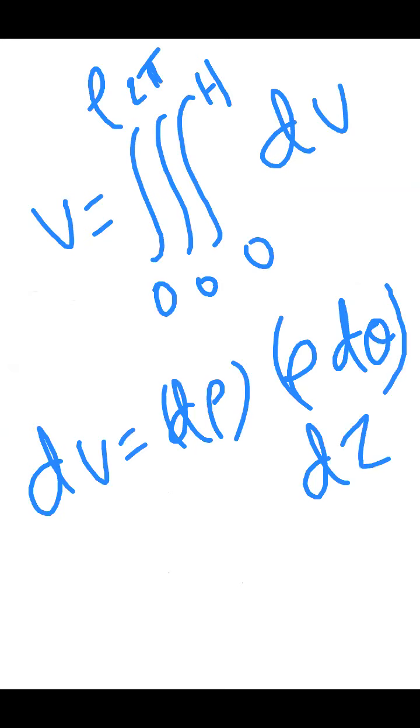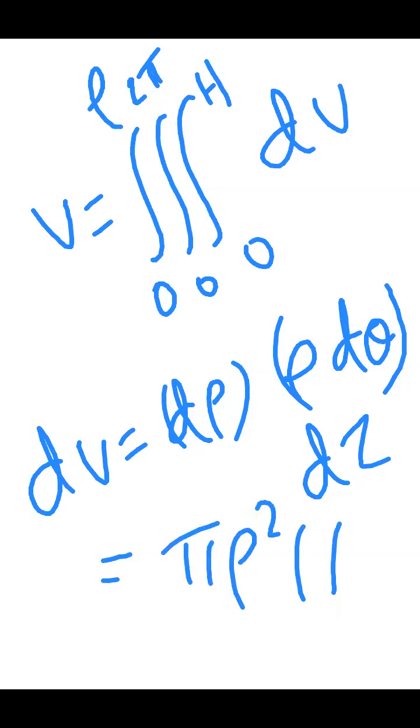What will be the final answer? Yes, pi rho square h. Are you all convinced with this? Because the cylinder volume is pi r square h, and instead of r, I am using rho. So pi rho square h is the answer. That is one way of solving that cylinder.